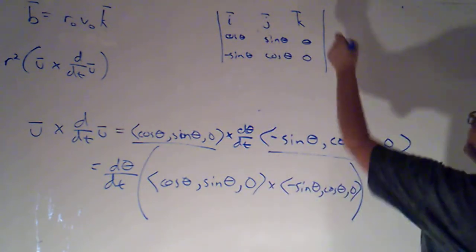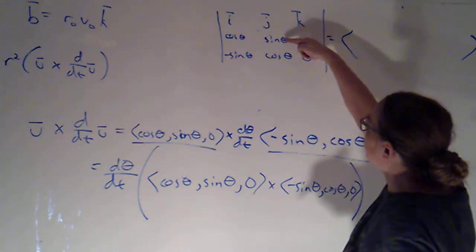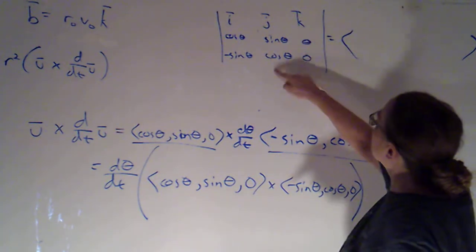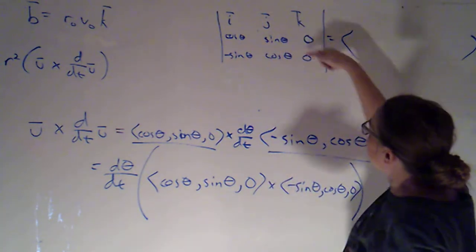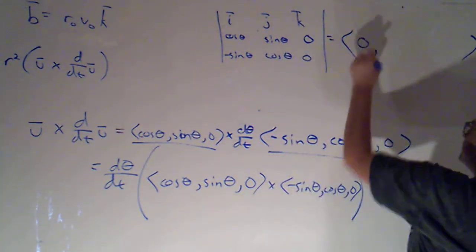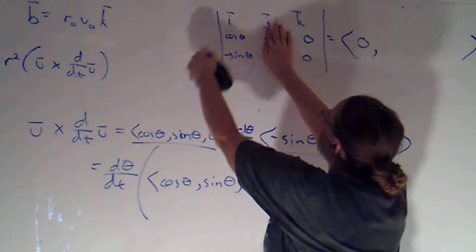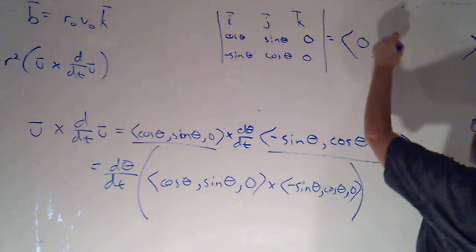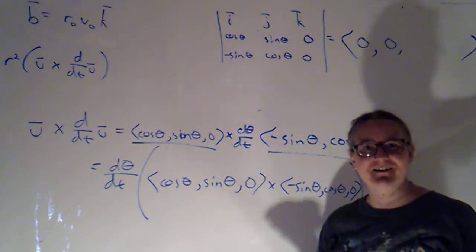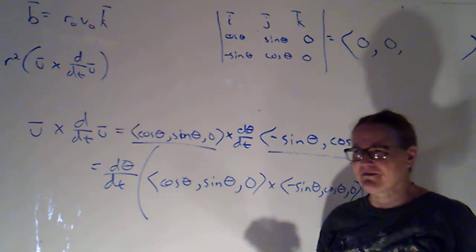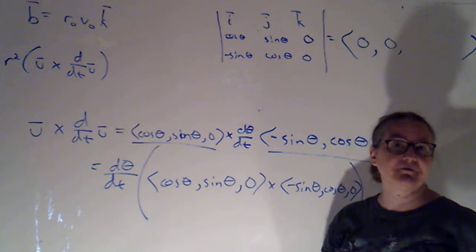Okay, so if I work that out, I'm going to get some i's. The number of i's will be 0. Whoops, that was supposed to be a 0 there, I'm sorry. The number of i's will be 0 minus 0. That will be 0. I'm going to get some j's. The number of j's will be 0 minus 0. I'm going to get a 0 there. This shouldn't be surprising. I'm crossing 2 vectors that are in the xy plane, so I've got to get something that's mutually orthogonal to them. I'm going to get something that's a multiple of k.